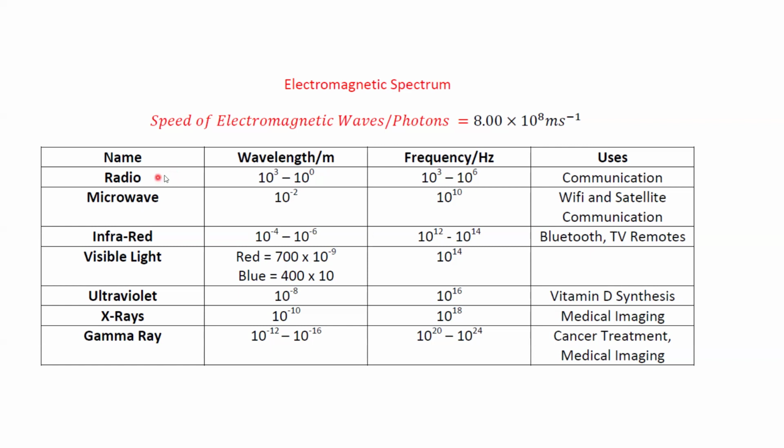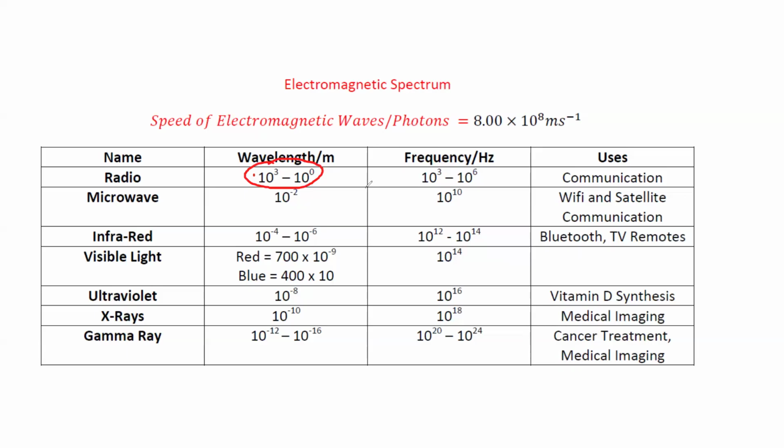So radio waves have the longest wavelength, and the range is given. In some books the range is greater than 10 power 6, but usually in this order, 10 raised to power 3 to 10 raised to power 0 is the wavelength range, and the frequency range is also given.